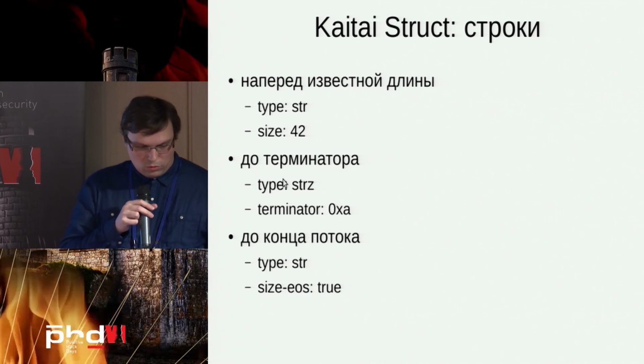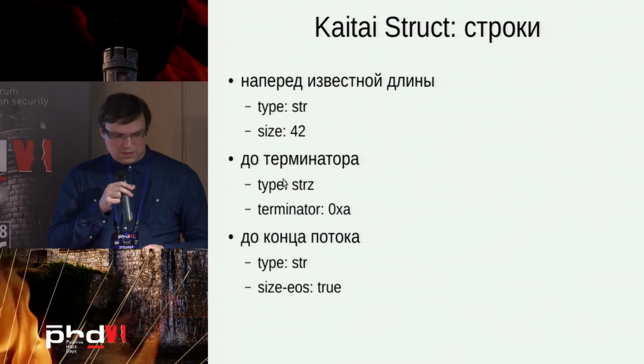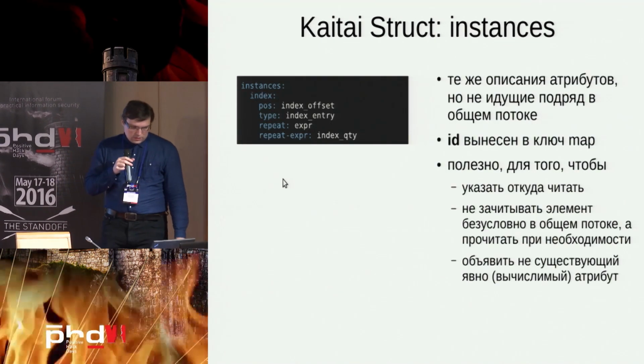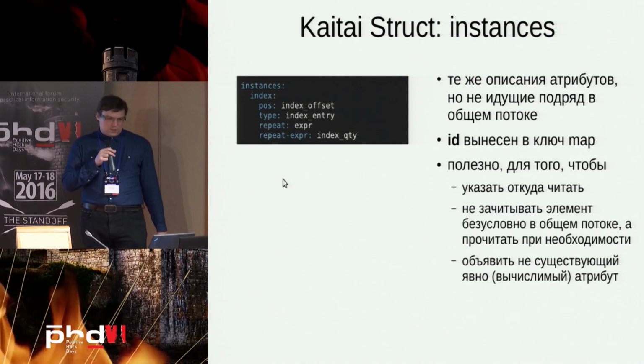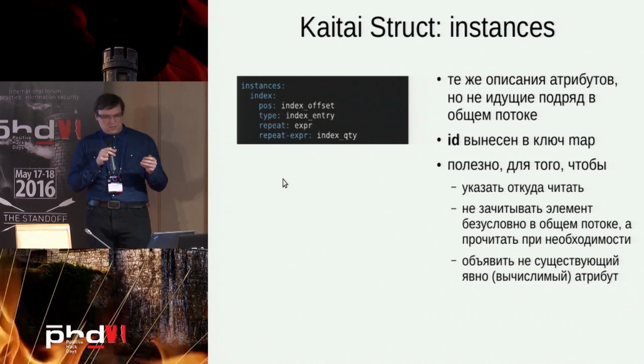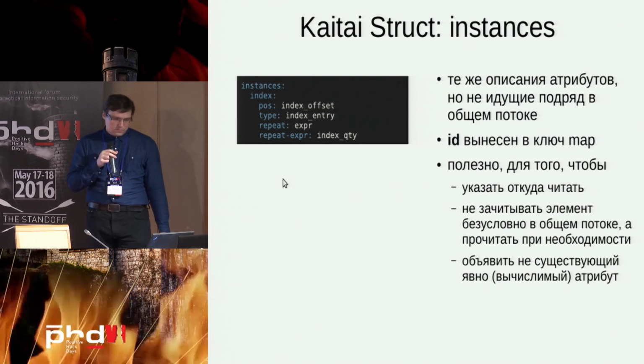So for the known length we use type str and size, for up to the terminator we call type strz, and as a terminator 0xa, up till the end of the stream type str and size-eos true.